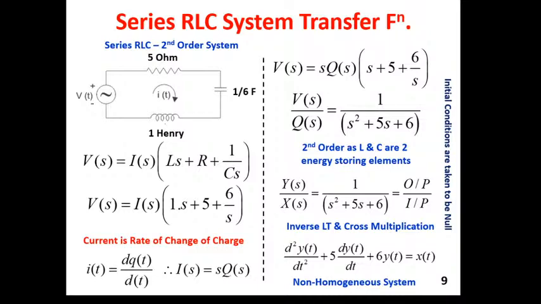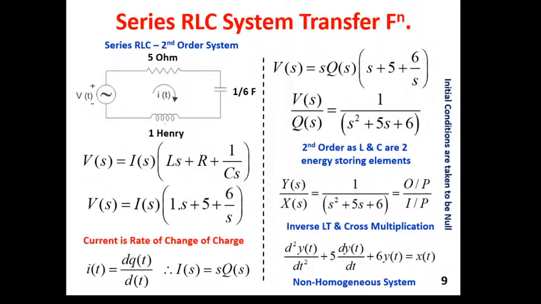Now, after this equation, that is d2 yt by dt2 plus 5 dy by dt plus 6 yt is equal to xt, this equation is a non-homogeneous system equation, because on the right side we have the forcing function, which is called xt. In this case xt is nothing but Vt.